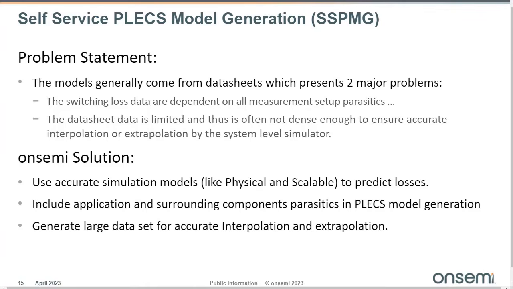You can include how many decoupling capacitors, the input filter, the loop inductance you have, and so on. On top of that, by simulation, it takes, let's say, a nanosecond to change from one temperature to another temperature. So we can generate a large number of values in temperature that you cannot do in practice, and this will facilitate interpolation and extrapolation from PLECS.